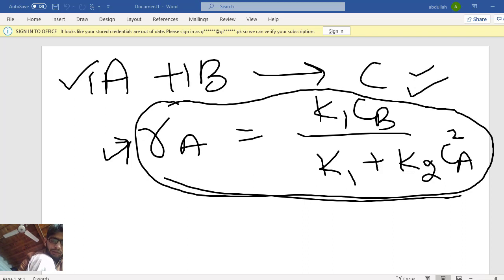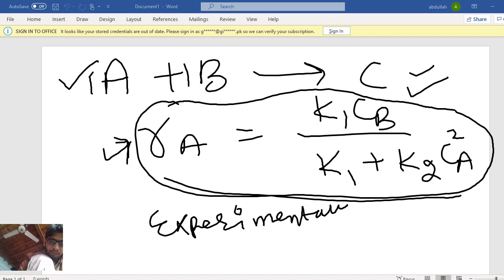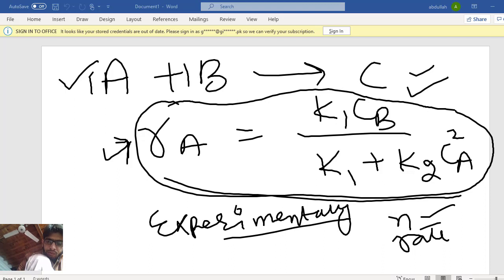The order of reaction, rate law and mechanism, all these can be obtained experimentally. The order of reaction, the rate of reaction, the mechanism of reaction, all these can be obtained from experiments.